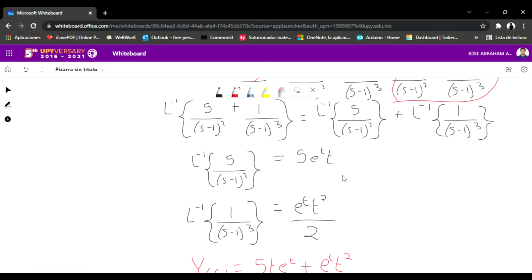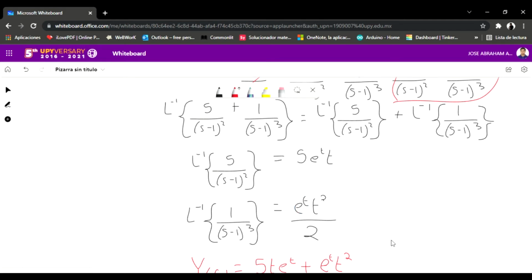Using software, you can verify this result. And the inverse Laplace transform of 1 over (s minus 1) cubed is equal to e to the t by t squared over 2.